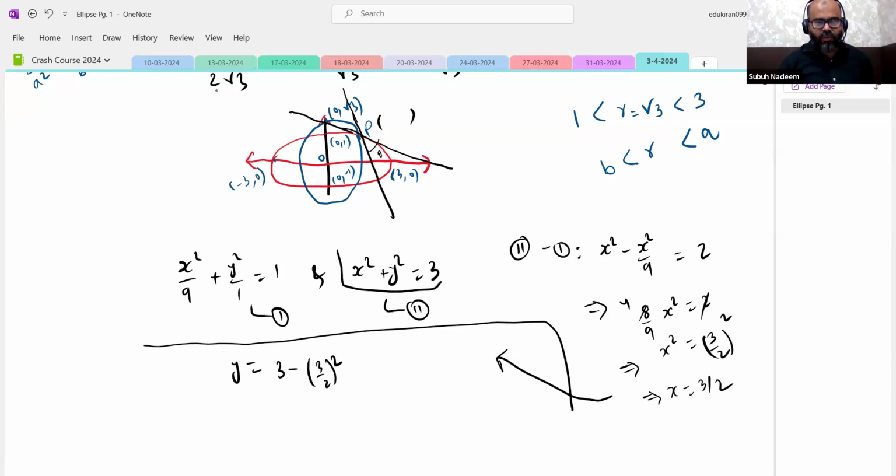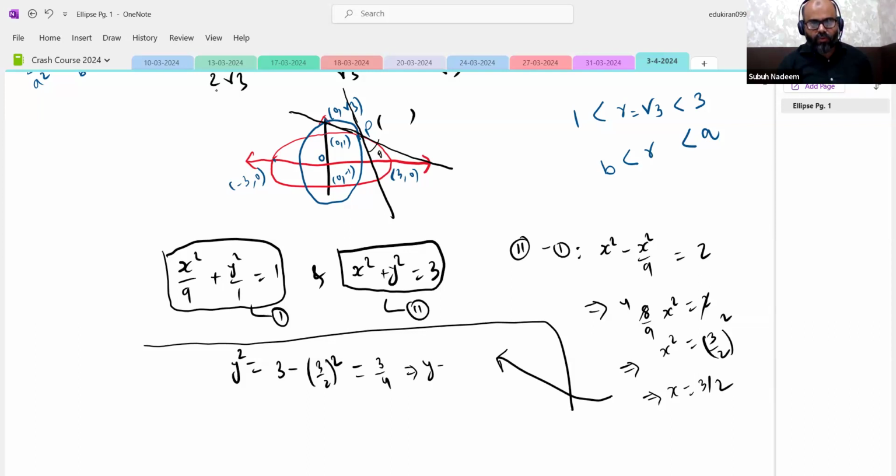After calculation, 12 minus 9 by 4, that is 3 by 4.